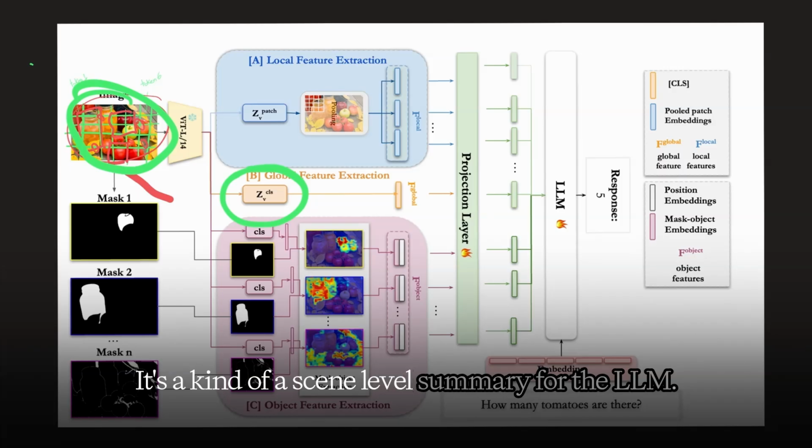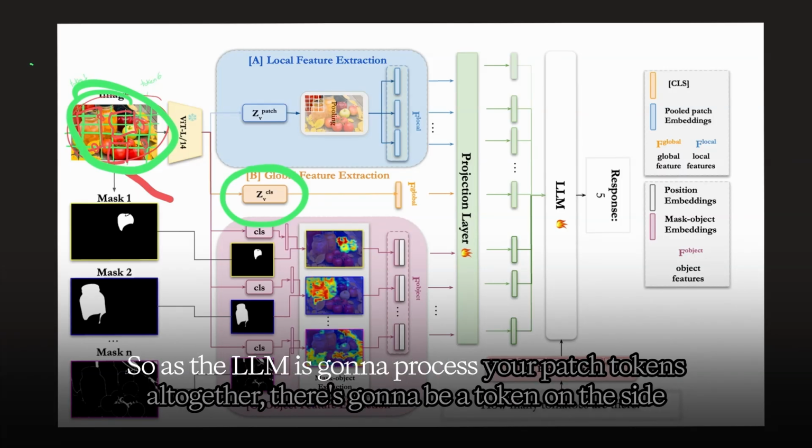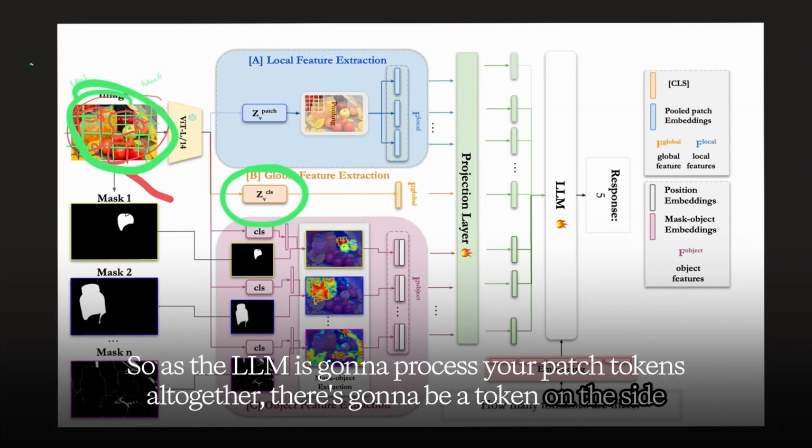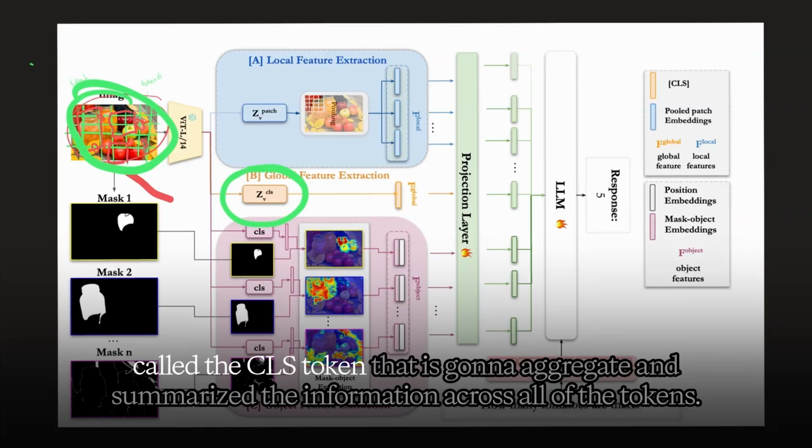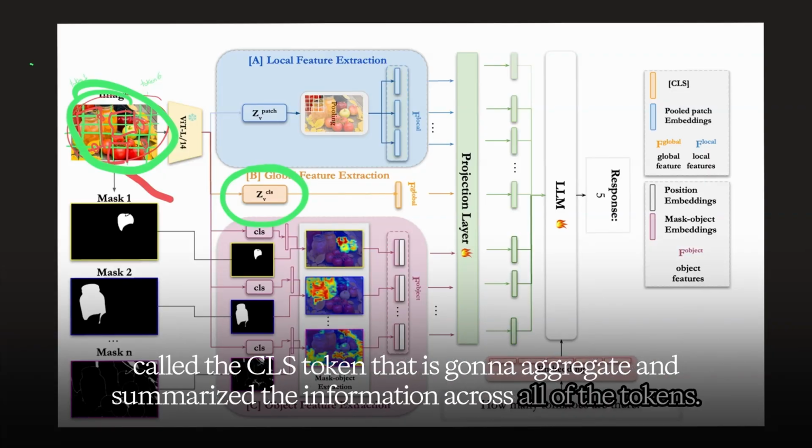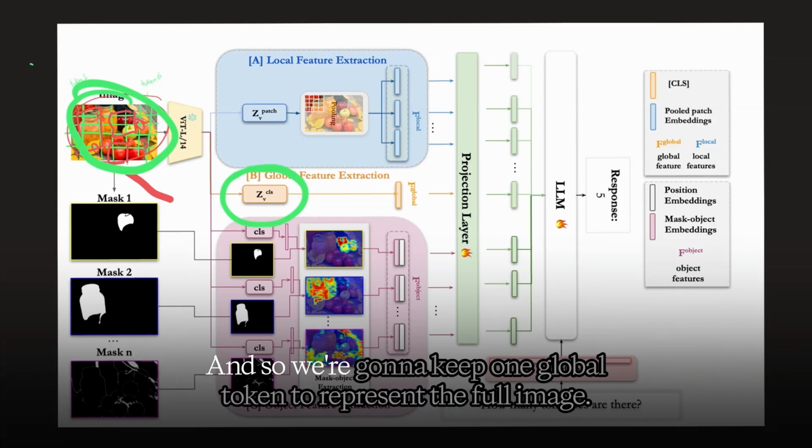It's a kind of scene-level summary for the LLM. So as the LLM processes your patch tokens altogether, there's going to be a token on the side called the CLS token that is going to aggregate and summarize the information across all of the tokens. And so we're going to keep one global token to represent the full image.